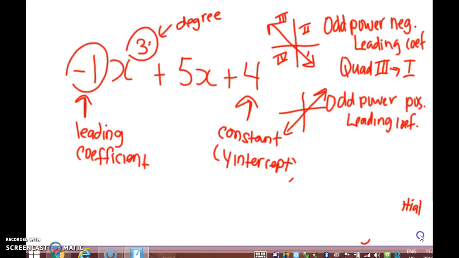So we would be in quadrant 3 to quadrant 1. Does anybody remember doing this before? Okay, we had it all mapped out before.